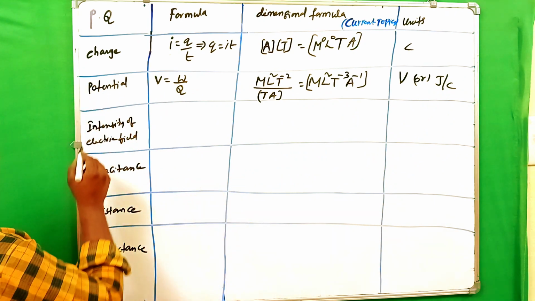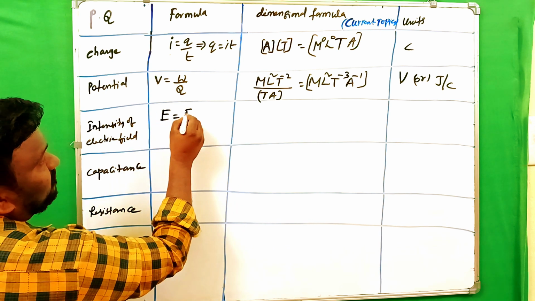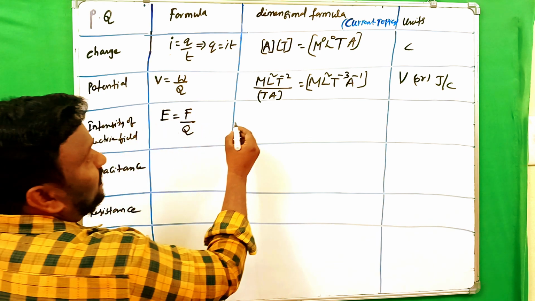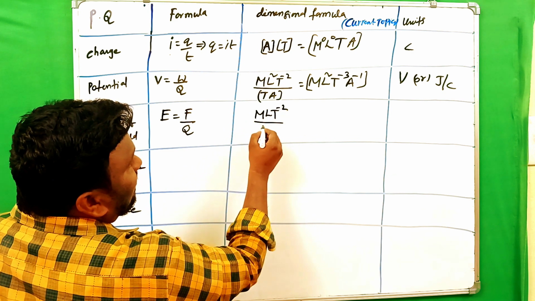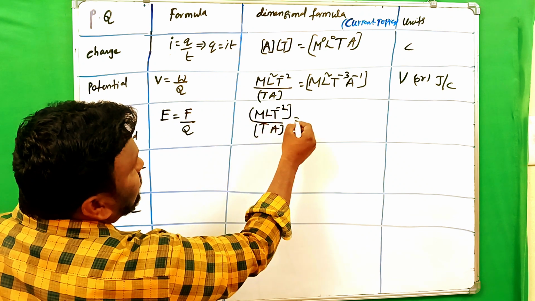Okay. Now intensity of electric field. E is equal to F by Q. Again F is force, M L T inverse 2, divided by T into A, the dimension formula of charge.